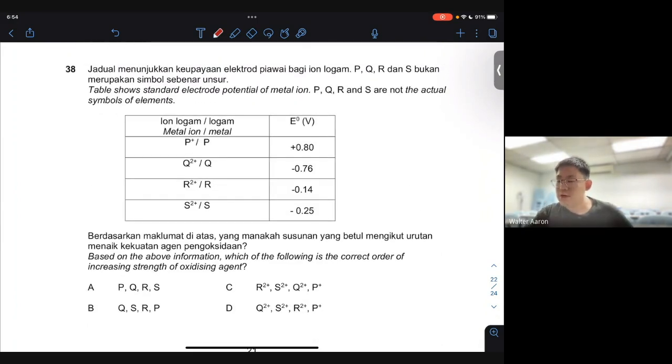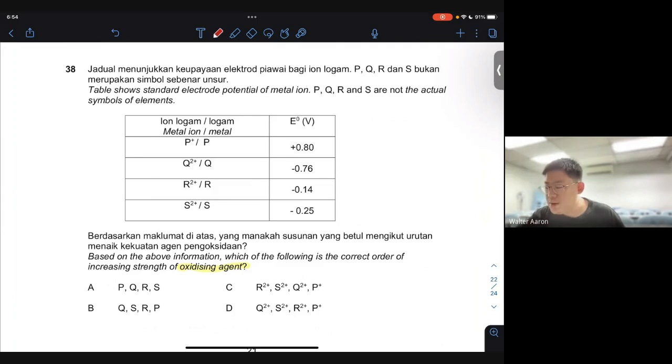38, table shows the standard electropotential of the metal ion P, Q, R, and S. They are not actual symbols of the atom. Based on the above information, which of the following is the correct order of the increasing strength of oxidizing agent? All right, the more positive the value, the more likely it'll be the oxidizing agent. The more negative the value, the more likely it'll be the reducing agent.